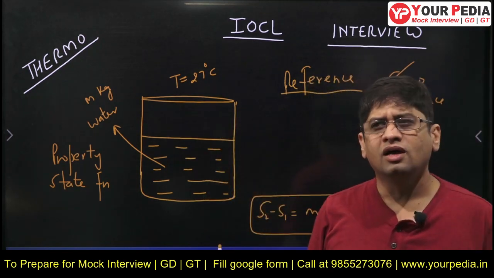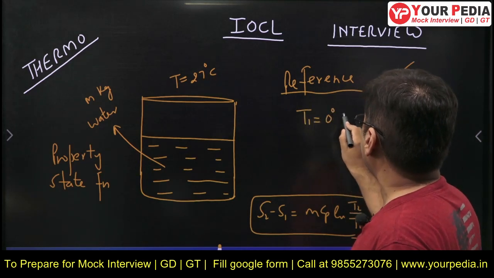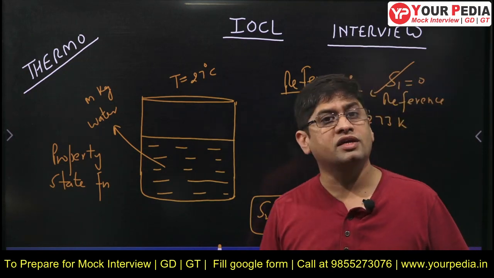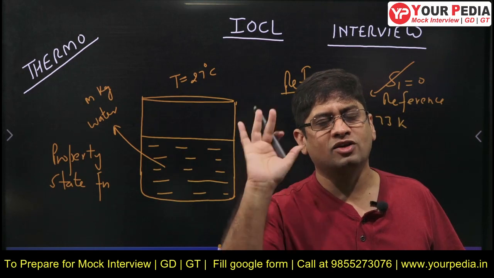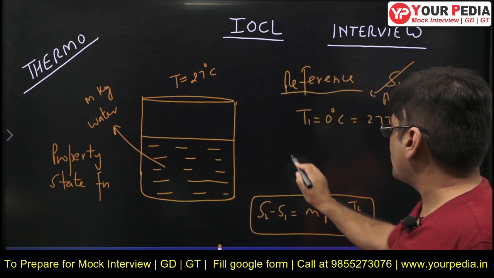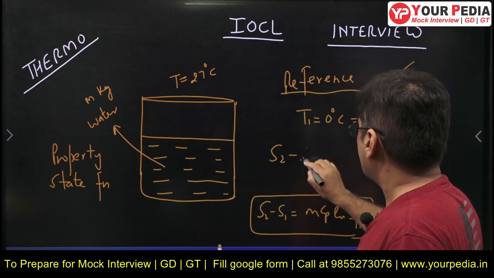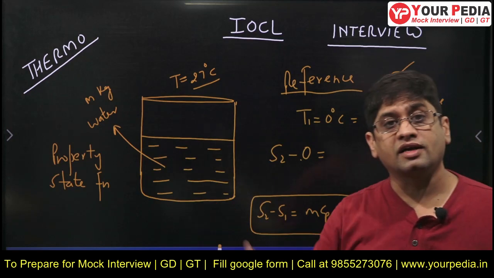Now, for the reference temperature, I take T1 as 0 degree centigrade, in our case 273 Kelvin. So, at 273 Kelvin temperature, I assume entropy to be 0. Now, I am to calculate entropy at a temperature of 27 degree centigrade, which is 300 Kelvin.